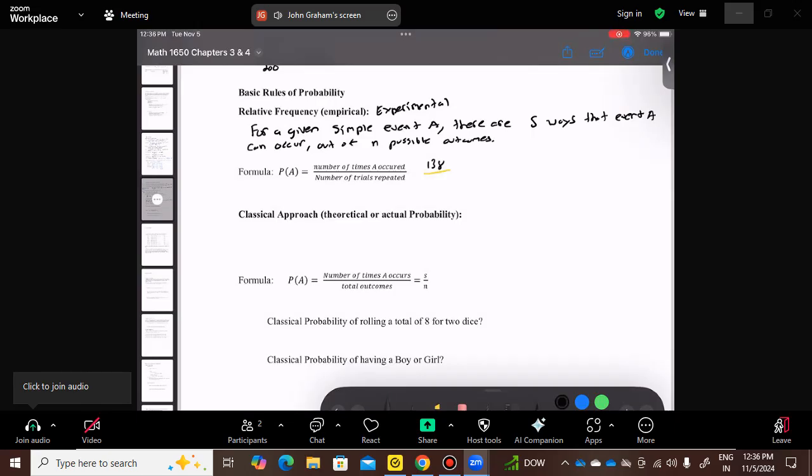Out of 1,000. And so our probability is 0.138. For the births, we had 104 boys come up out of 200. So the probability is 0.52.